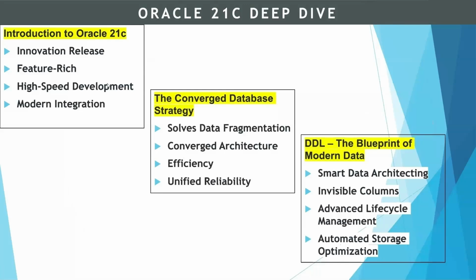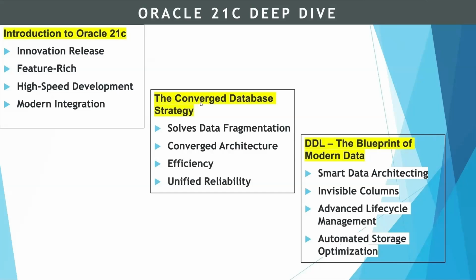Okay, an introduction to Oracle 21c innovation release. It's like a bridge to the future and a preview of next generation tech, for example, 23ai, while 19c remains the stable production core, at a speed of market with over 200 new features designed specifically for rapid development cycles.